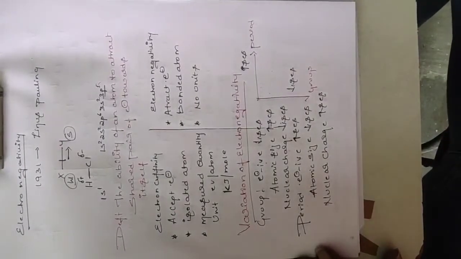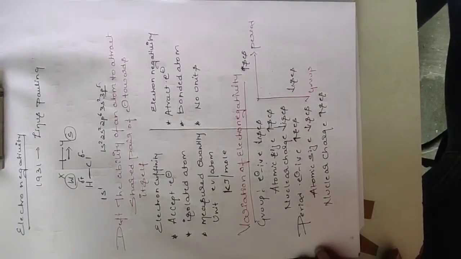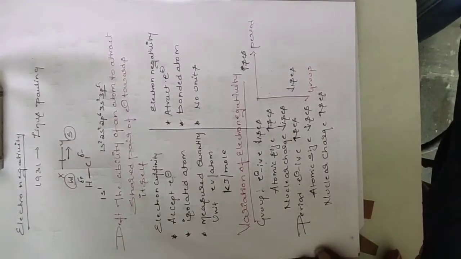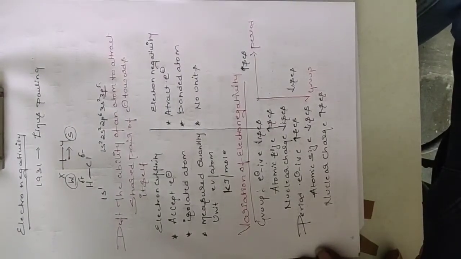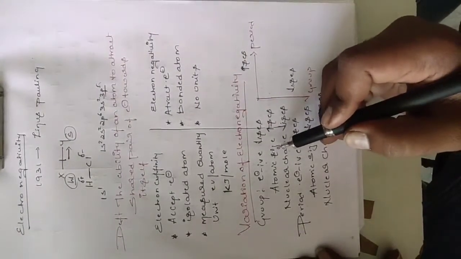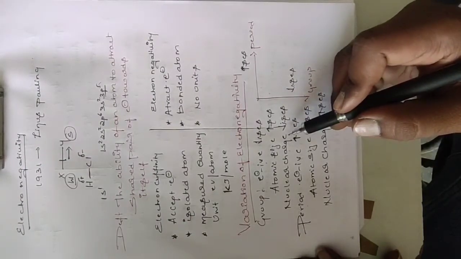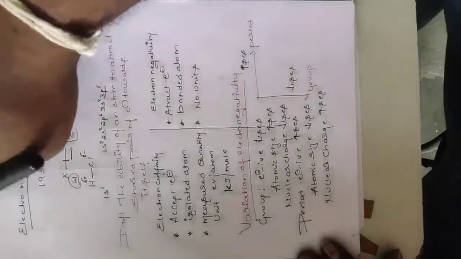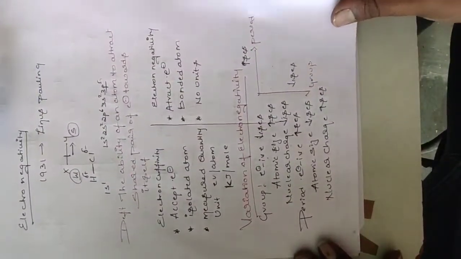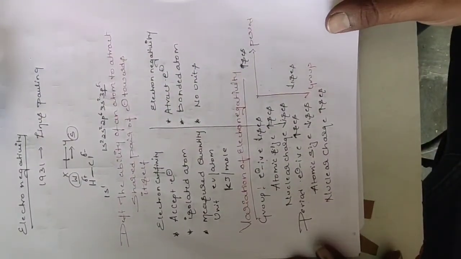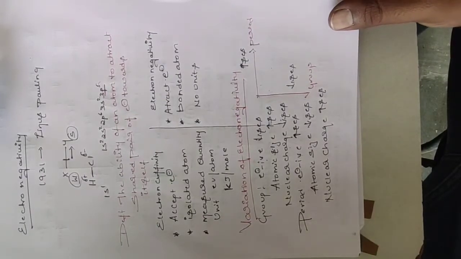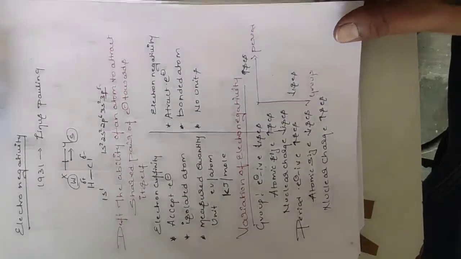Okay, next we are going to talk about factors affecting the electronegativity. Already I told that the factors are atomic size quite commonly, and nuclear charge.